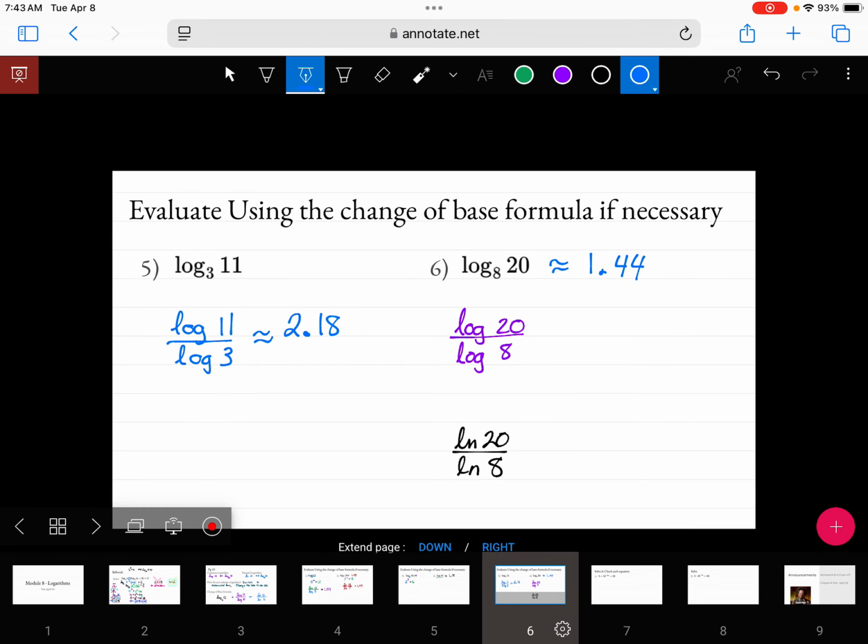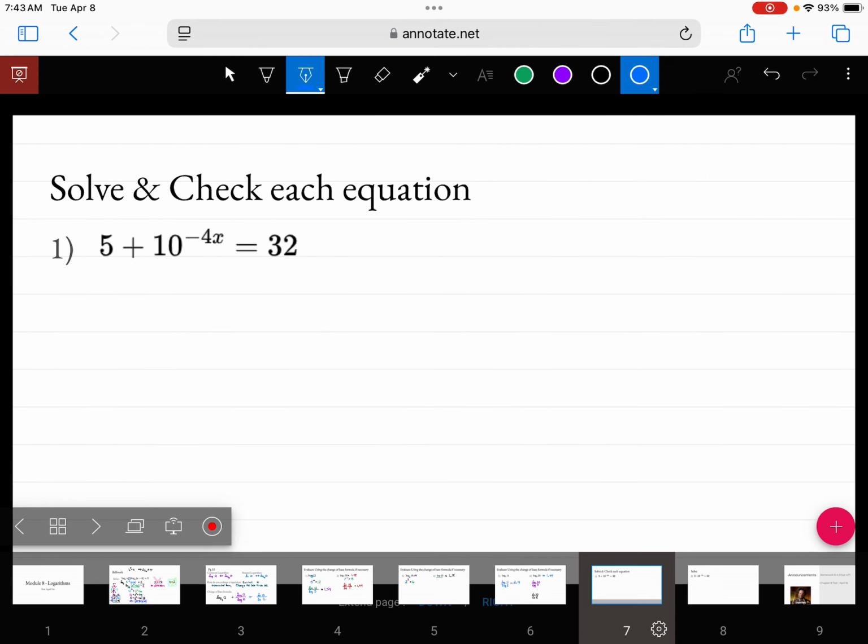So when we're going to use these is when we have problems like on the very next page on 11. Sometimes our solving stuff isn't going to look like logs. It's going to look like exponentials.